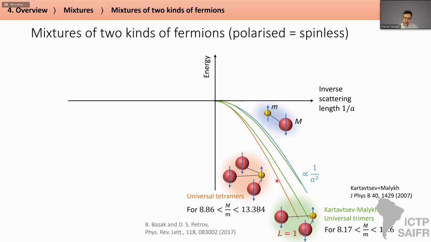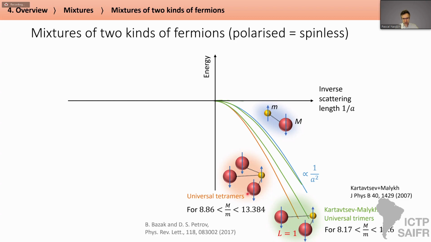So what happens when we consider more particles? Well, it turns out that if now we have 3 such heavy identical fermions interacting resonantly with a light particle like this, this particle is still able to glue these heavy fermions, like it was able to do so for these 2 fermions.